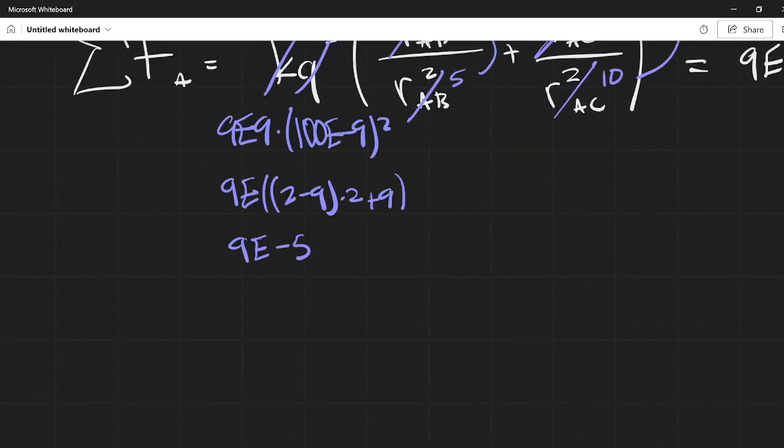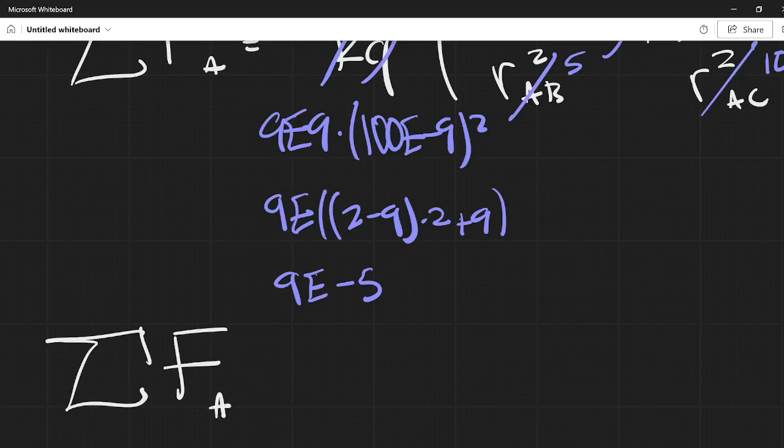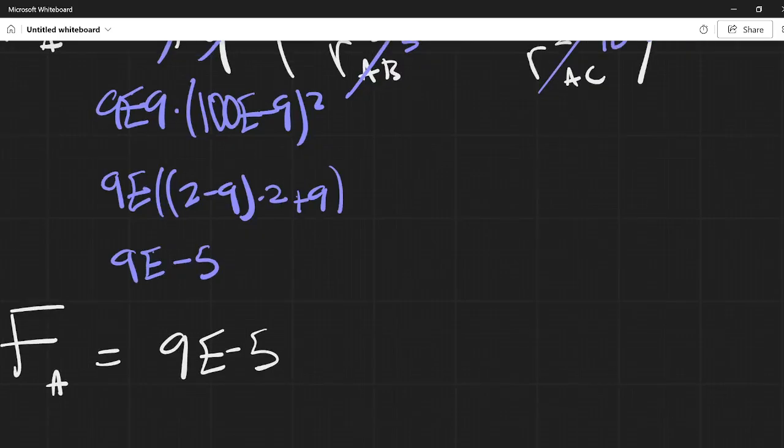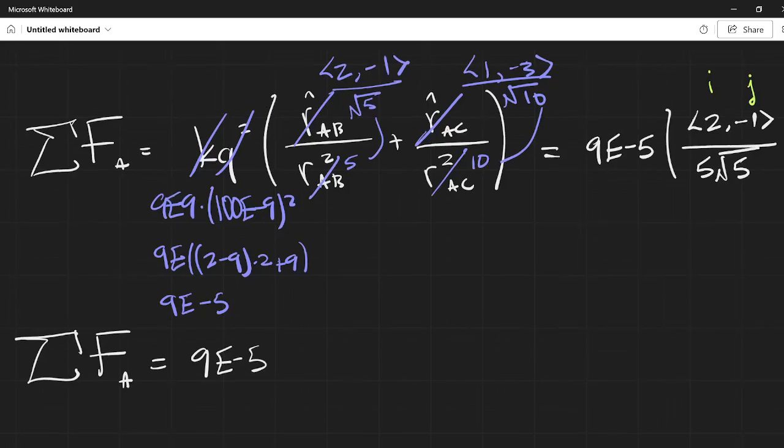So if we rearrange this around a little bit, we write our left-hand side. And I'm going to take this i component and this i component and group them together, and then I'm going to put this j component and this j component and group those together, since we can do that with fractions.